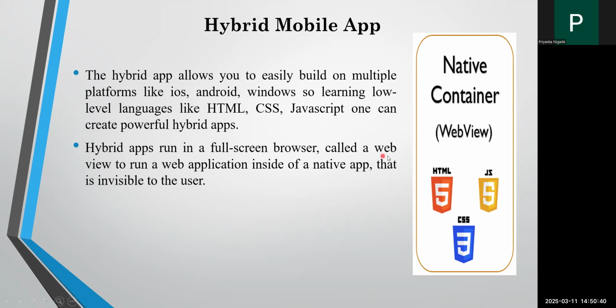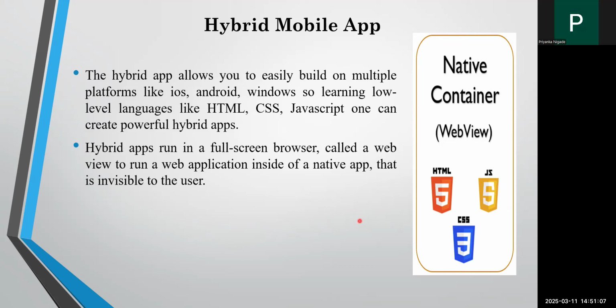That special container is called web view. Hybrid is a combination of native and mobile web, and we develop it using HTML, CSS, and JavaScript, the most popular languages for designing hybrid applications. Point to be noted, hybrid is a combination of native as well as mobile web.